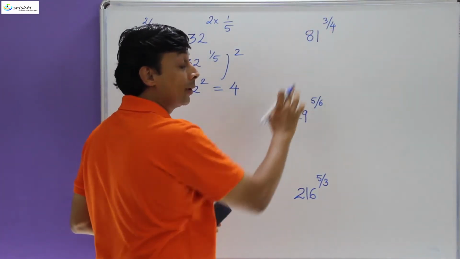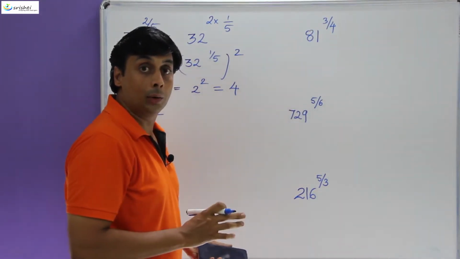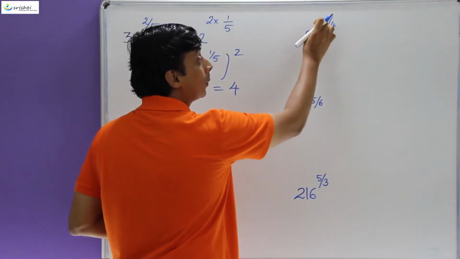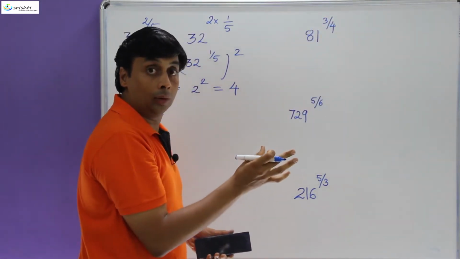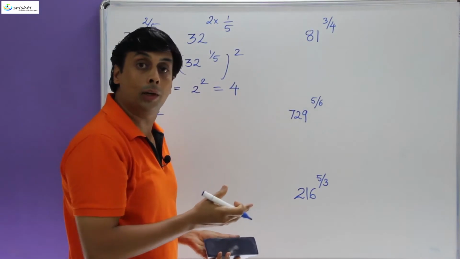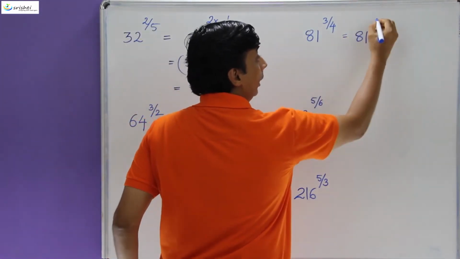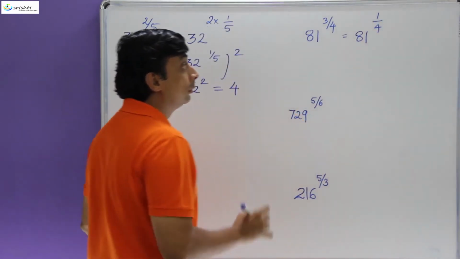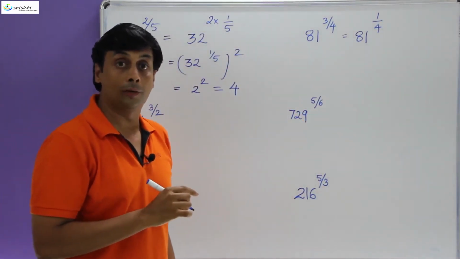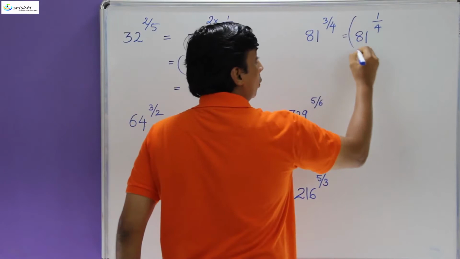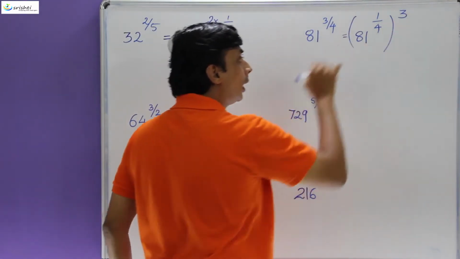Similarly, 81 raised to 3 upon 4. So now what we are going to do is, we are going to split this power of 3 by 4 into two parts. So can you guess what these two parts would be? One part would be 81 raised to 1 by 4, because there is a power of 1 by 4 there, the whole raised to 3. So what does this really mean?